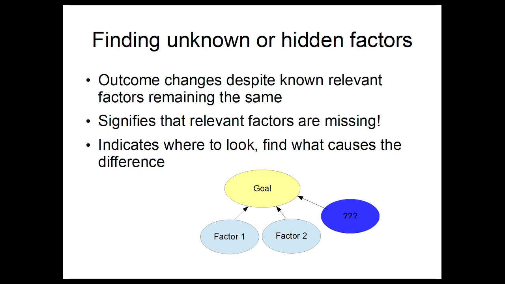That's the situation that you need to highlight, and that will make you realize that you're missing a relevant factor, one or more, because even though everything you know of is the same, you ended up with a different result, so that means there's some other factor out there that's controlling the outcome in this situation. So this is a really important situation to look for and to be on the lookout for and to notice if it comes up. Because again, it signifies that something's missing.